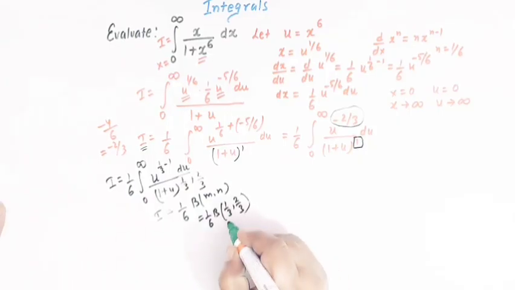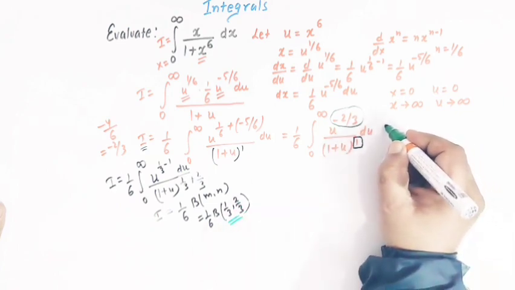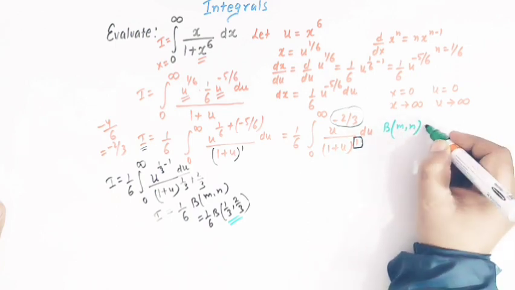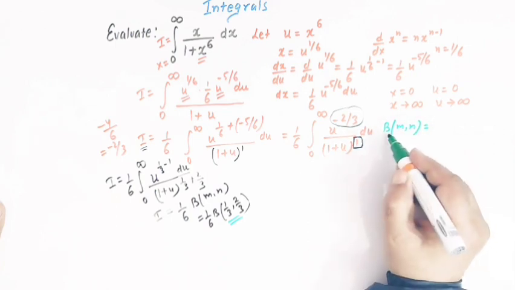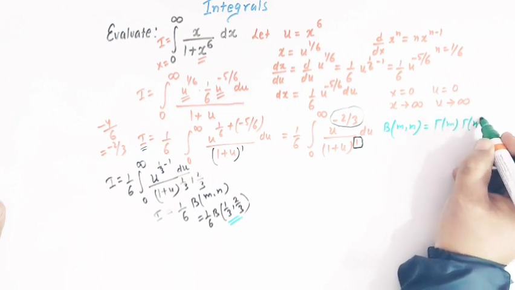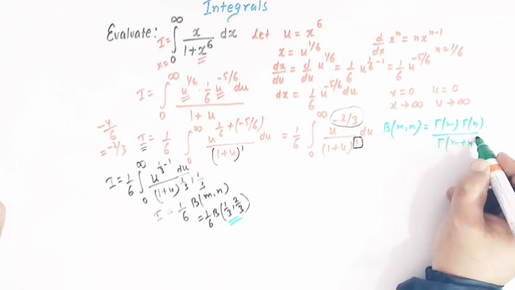To get it, we'll make use of this relation connecting the beta function with the gamma function, right? So beta mn is given by gamma of m, gamma of n divided by gamma of m plus n, right?